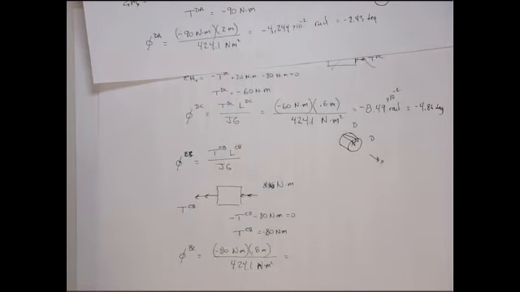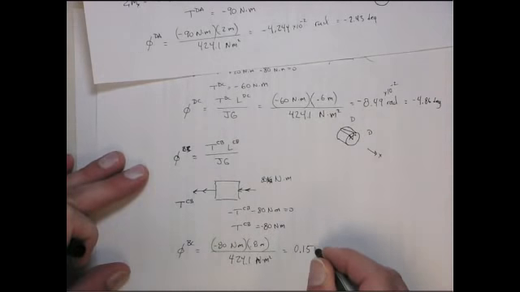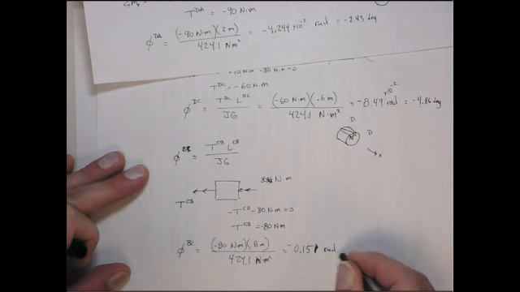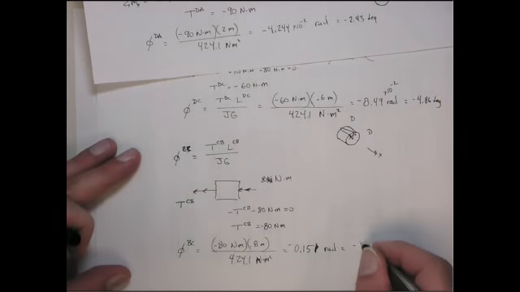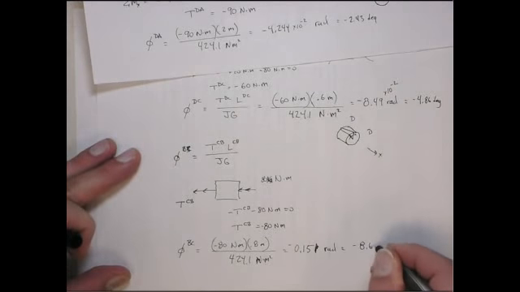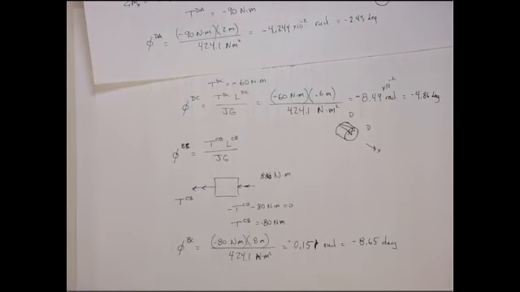Did I do that right? Yep, okay. That's 0.151 negative radians, which is equal to minus 8.65 degrees. So again, this is also clockwise. So all the twists are clockwise, okay?